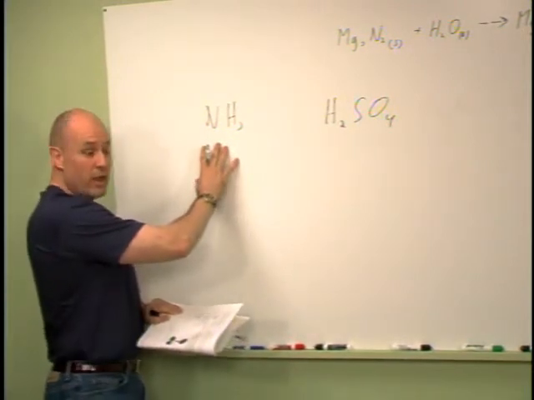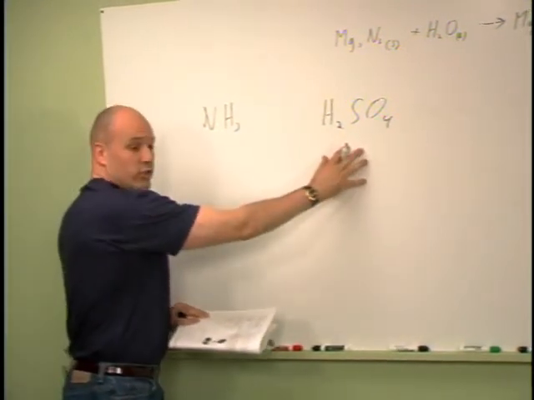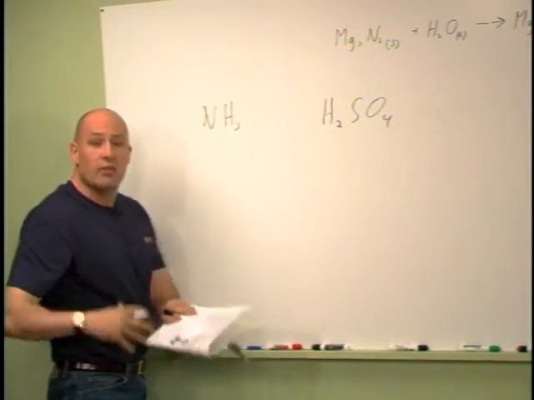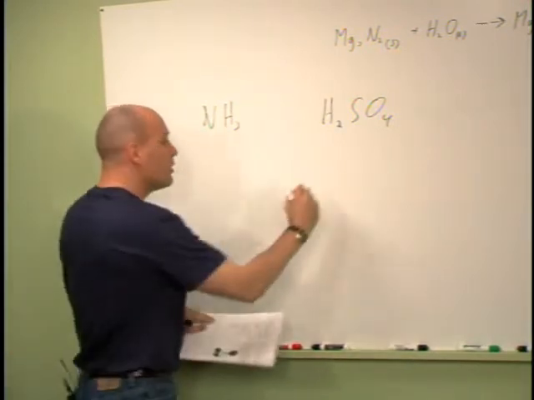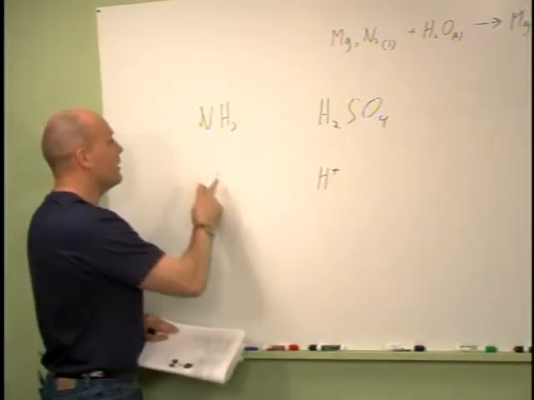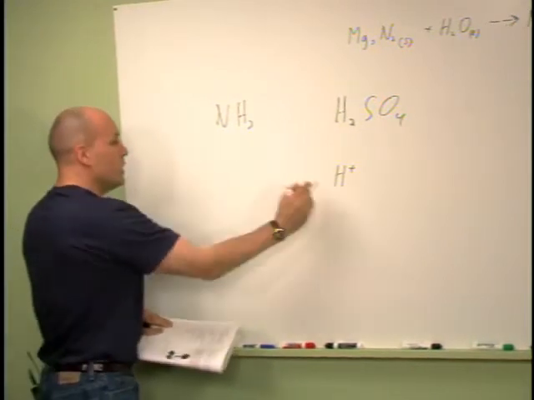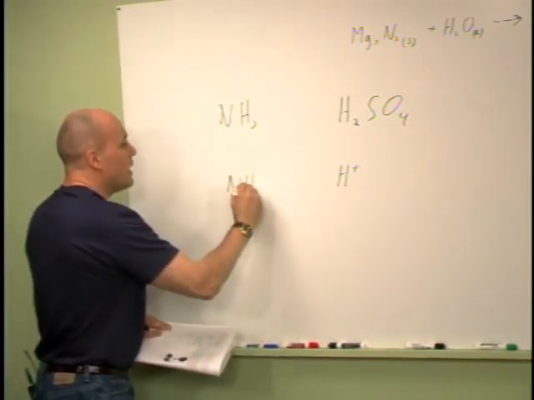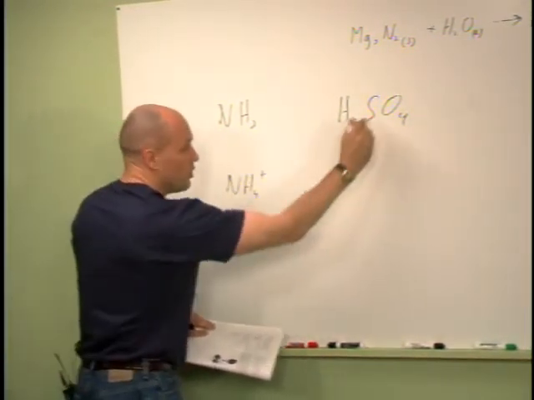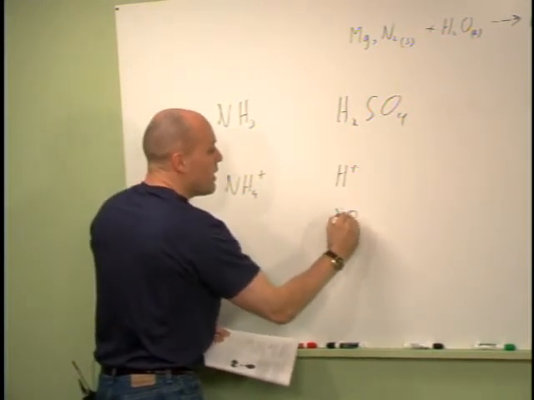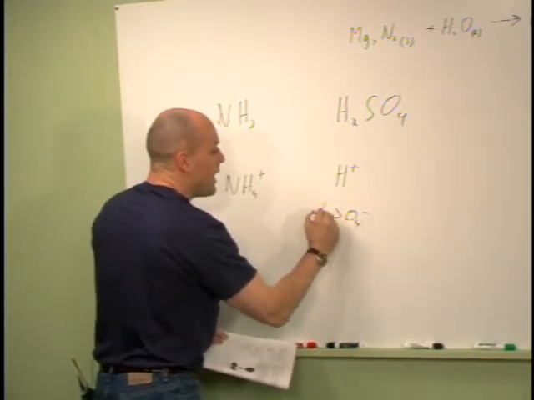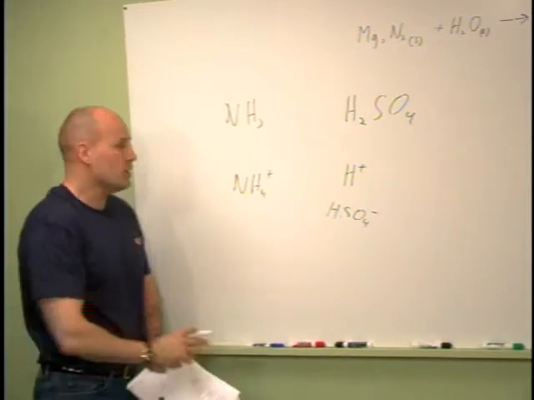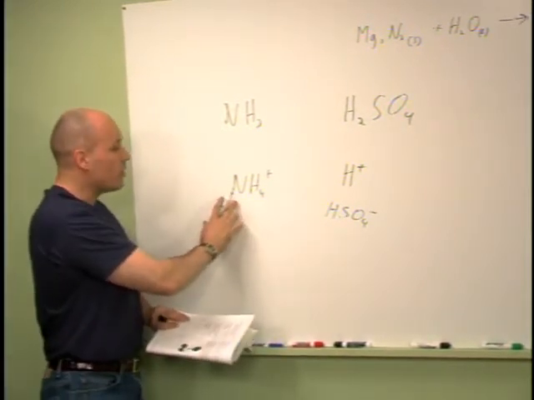NH3 is? Base. A base, a weak base. H2SO4, a strong acid. The definition of an acid is it donates a proton. Base accepts a proton. When this accepts a proton, we get NH4 plus. When this donates, we get HSO4 minus.